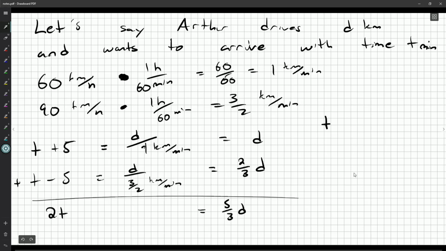And so if he wants to arrive just at t, divide by 2, so t is 5/6 d. And so if we just want to arrive at this time, having traveled this distance, we need to divide by 6/5 in order to multiply by 5/6 kilometers per minute, but n was in kilometers per hour.